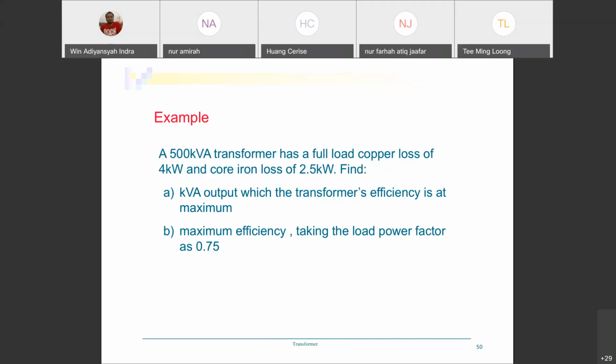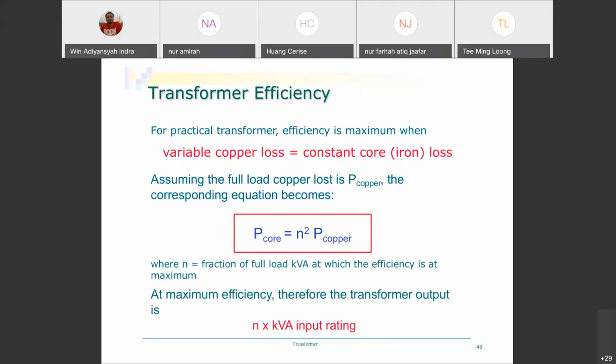Okay, if you look at the slide just now, efficiency is maximum when variable copper loss equals constant core or iron loss.